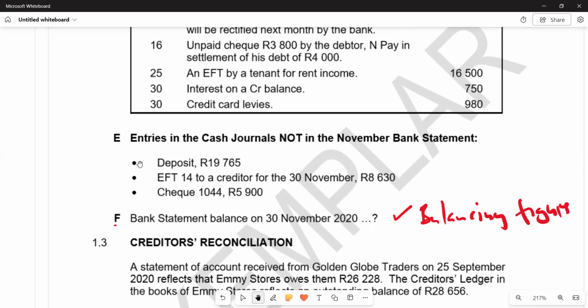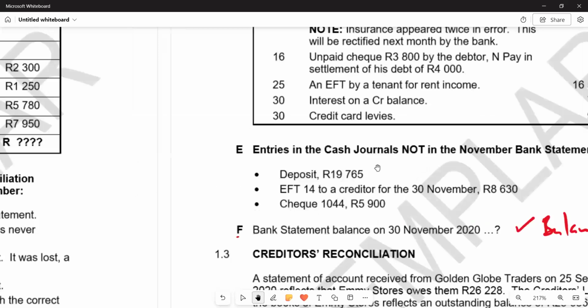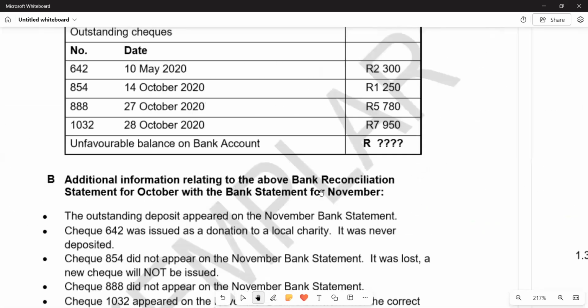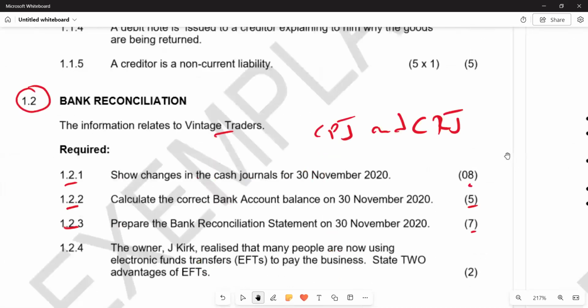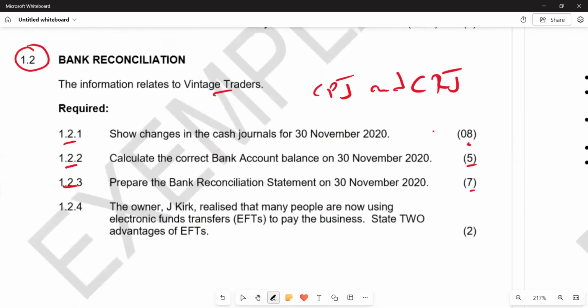Let's illustrate it. At the beginning of the question, in part 1.2.2, we are asked to calculate the correct bank account balance. The bank account balance that you calculate in 1.2.2 should be the same as the bank reconciliation statement balance that you get on 30 November 2020.